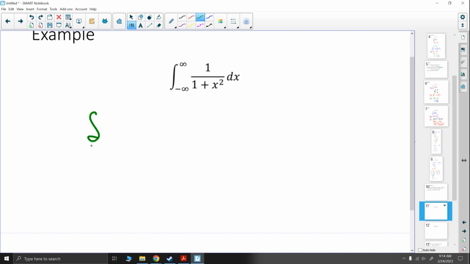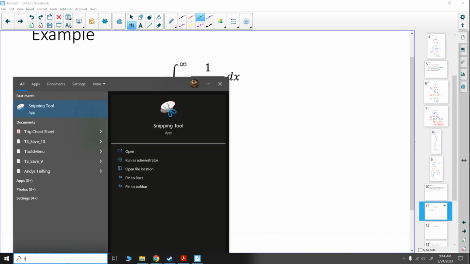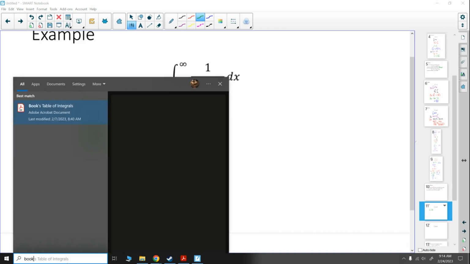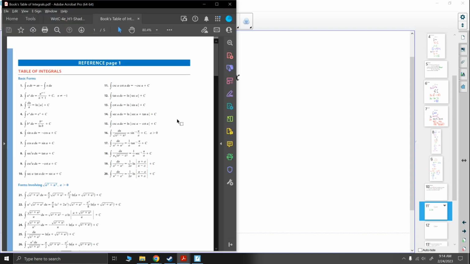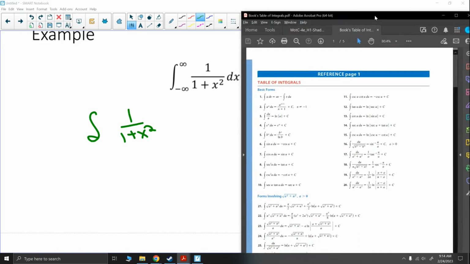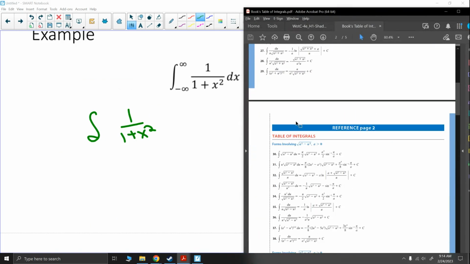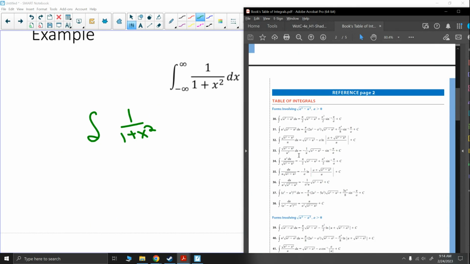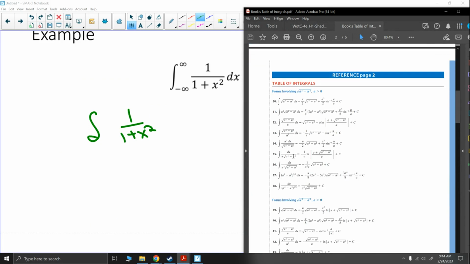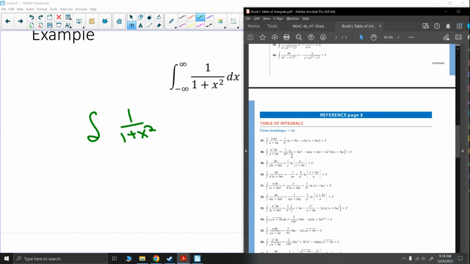But anyway, first of all, let's integrate this thing. This is the integral of 1 over 1 plus x squared. Now if we recall our table of integrals, this thing here is like a squared plus x squared. This is almost certainly in some table, so we don't really have to bother with it.